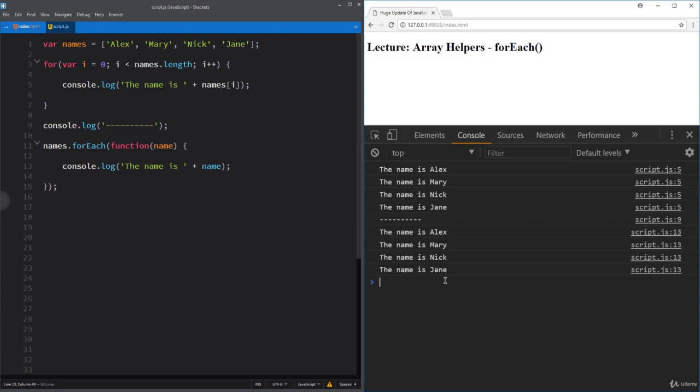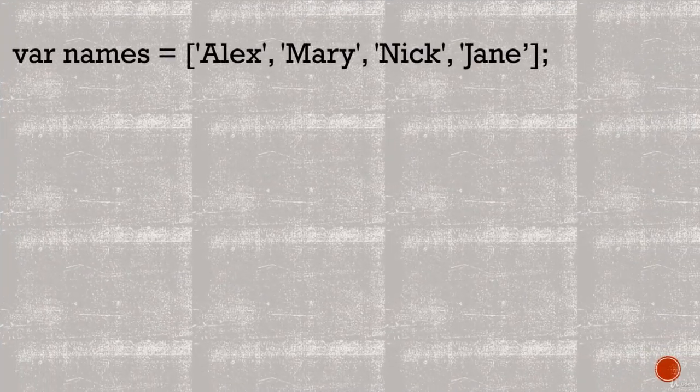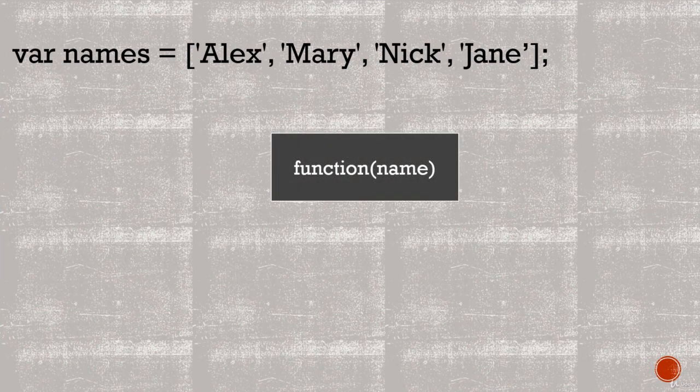Alright, before we actually compare for loop and for each to each other, I'm going to show you how this method works behind the scenes. So here we have our array with its containing name items, and also the function which is passed in for each method and has the parameter name as a current item.